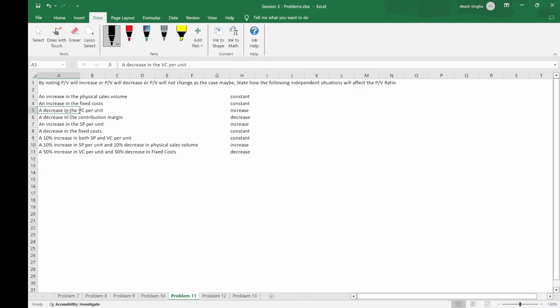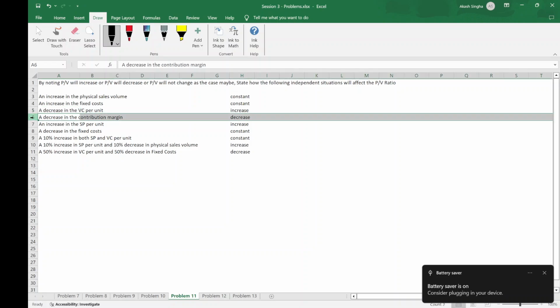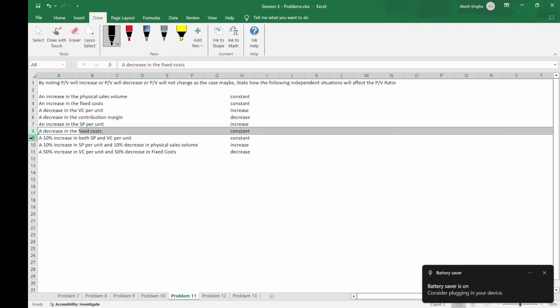A decrease in the variable cost per unit will increase the PV ratio. A decrease in the contribution margin means VC increased, so decrease in PV ratio. An increase in the selling price per unit will increase the contribution margin, resulting in an increase in PV ratio. A decrease in fixed cost does not have anything to do with PV ratio.